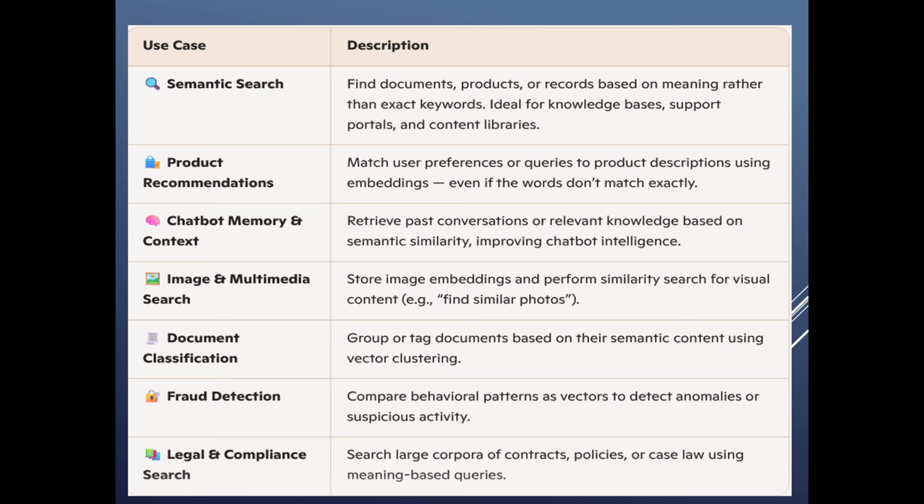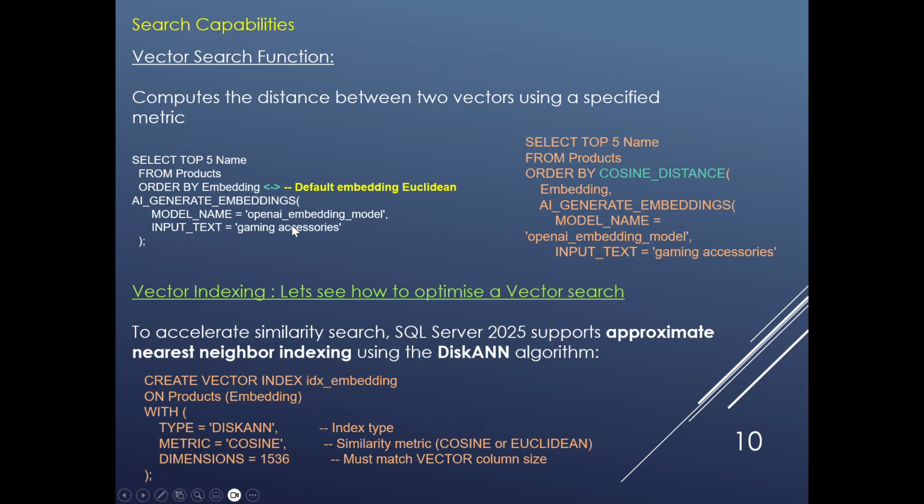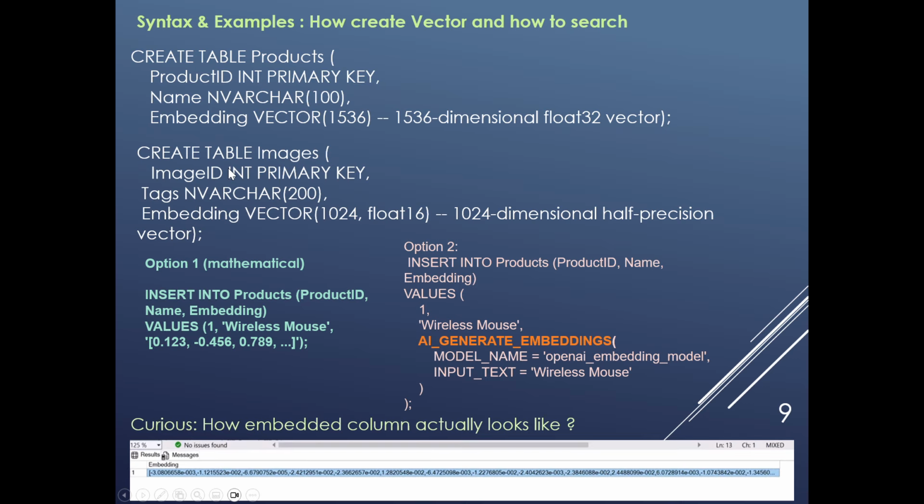On the basis of that, data will be fetched. If you see the columns, we have created 3 columns: product, ID, embedding. On the basis of embedding, it will go through the foreign key, primary key relationship and fetch the actual data, the actual product ID.